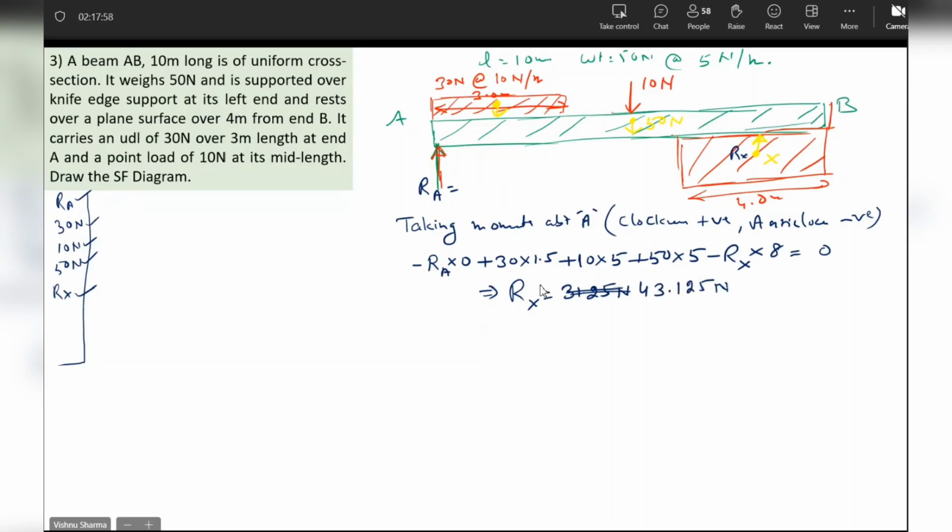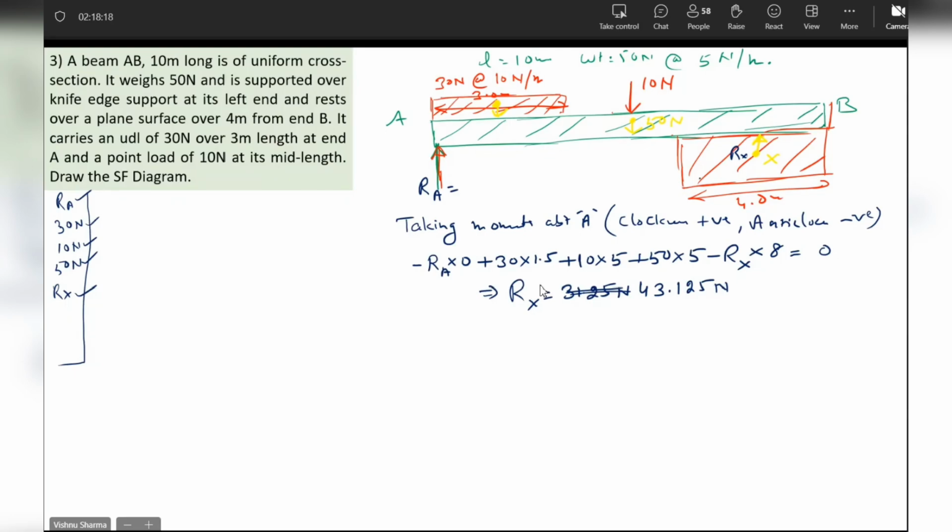Guys, will this be acting at one point? Tell me. No, it will be divided by 4. It will be uniformly acting over 4 meters. Yes or no, beta? 4 meter.